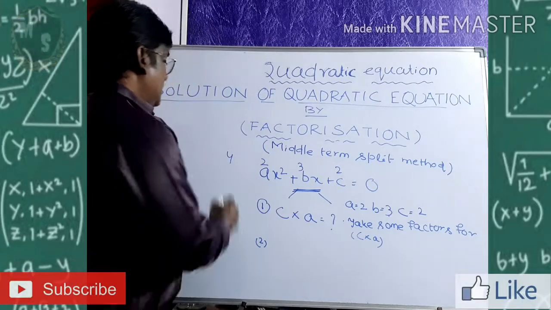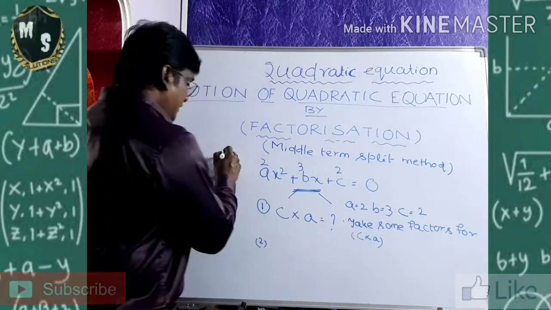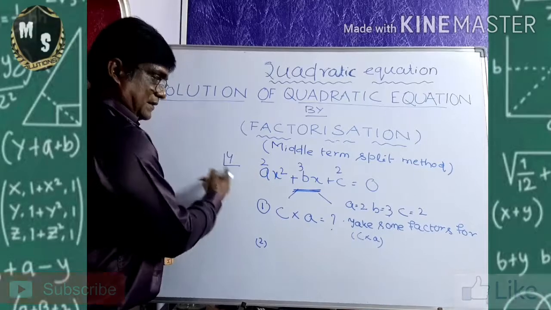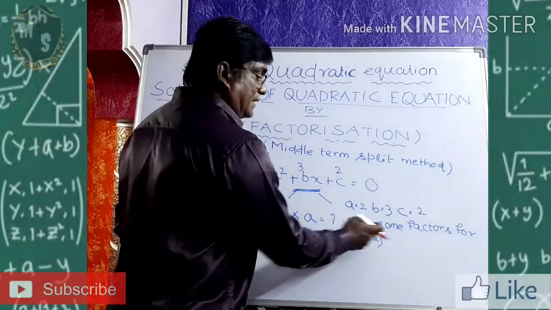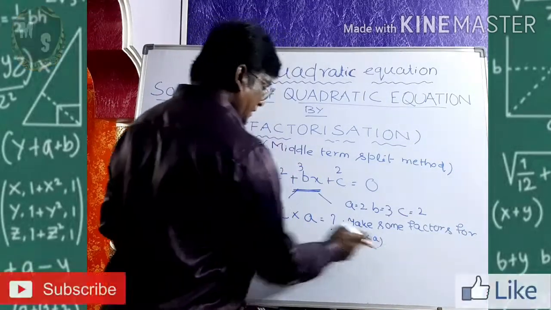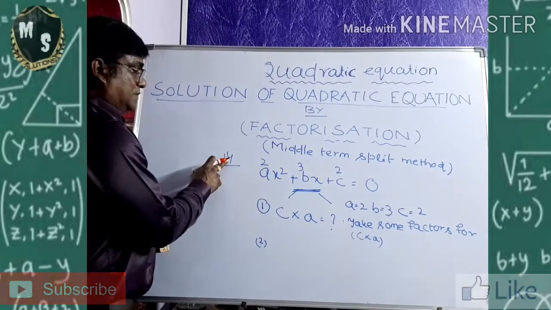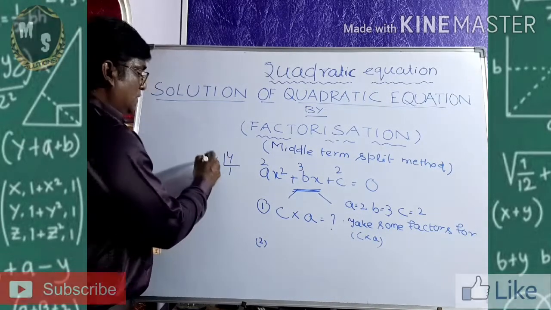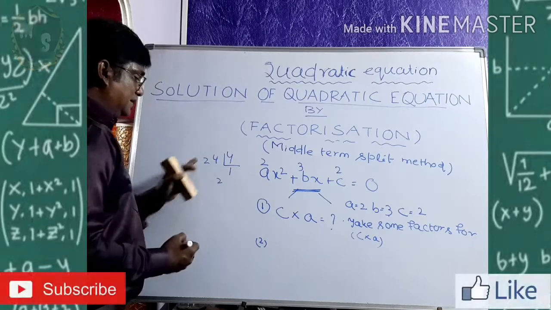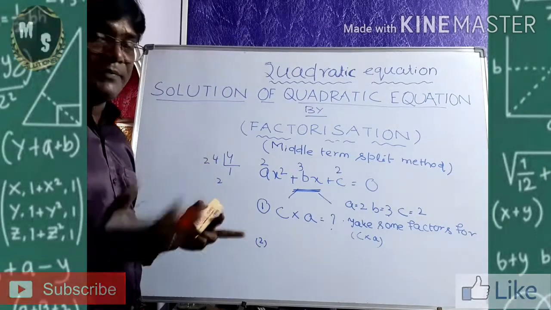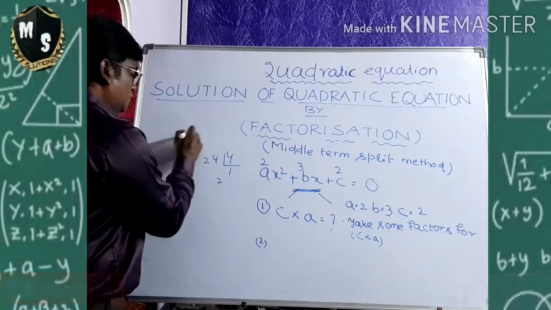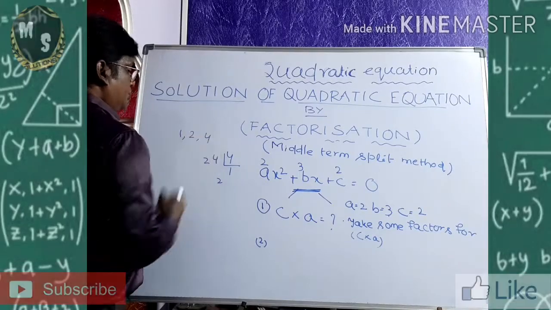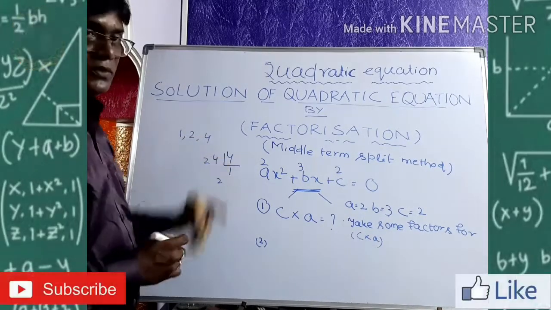Now after C into A, you have to take the factors of C into A. So C into A came, that is 4. Then I have to judge some factors: 4 ones are 4, or 2 twos are 4. So what are my factors? 1, 2, 4. These are the factors that came for 4.